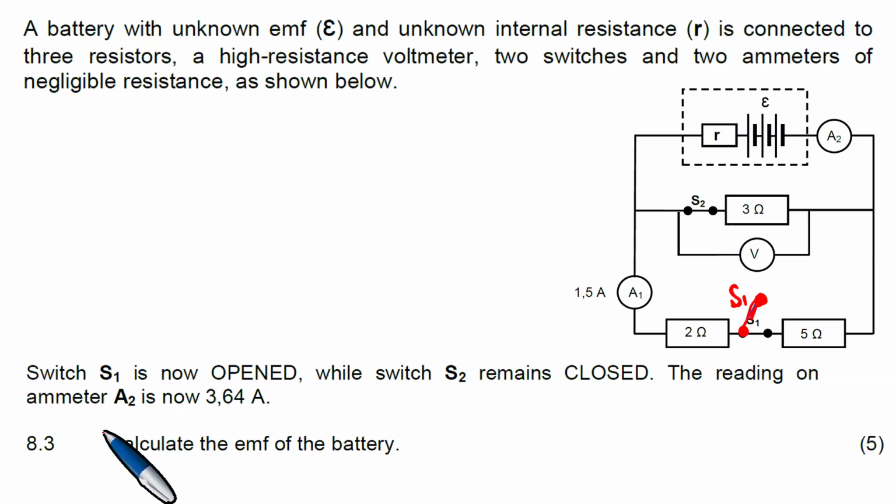The reading on the ammeter A2 is now 3,64 amperes. Calculate the EMF of the battery.